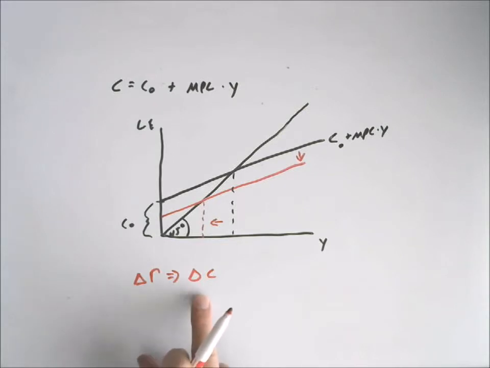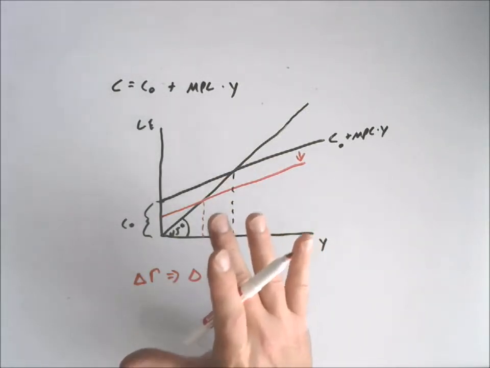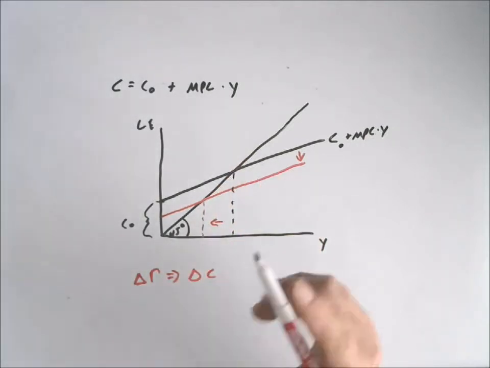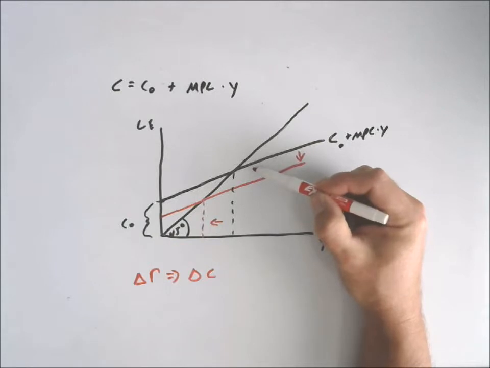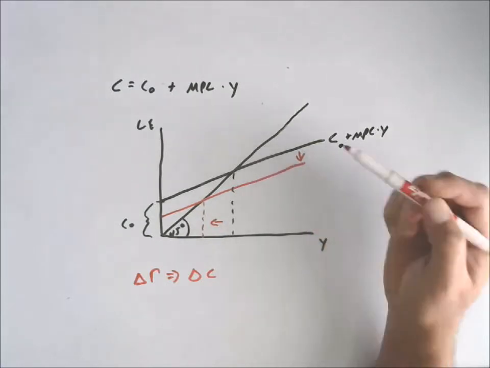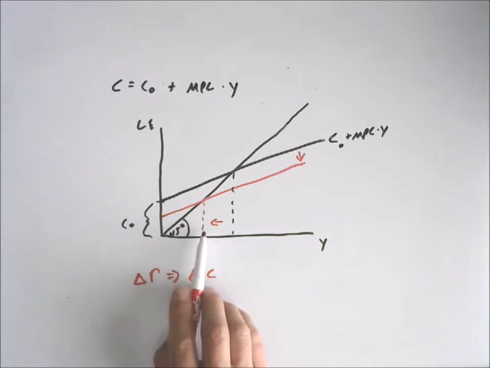Now, first thing I want to say to you, just if you notice in this lecture and the last one, this will become important later. Notice the size of change, the vertical distance between these two curves here. Then notice the horizontal distance or the horizontal change in GDP.